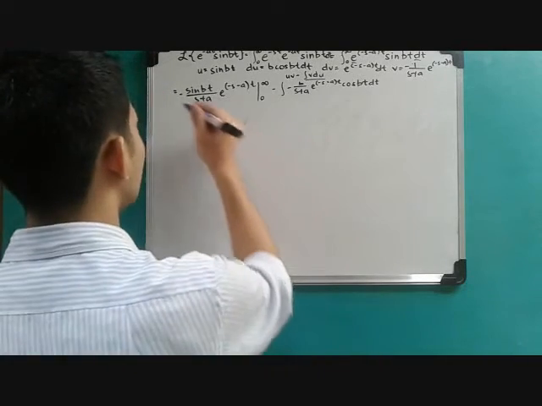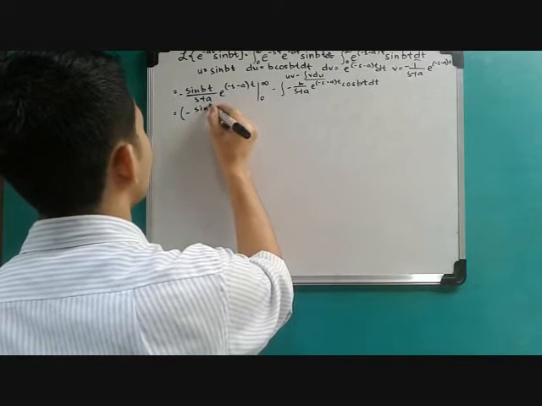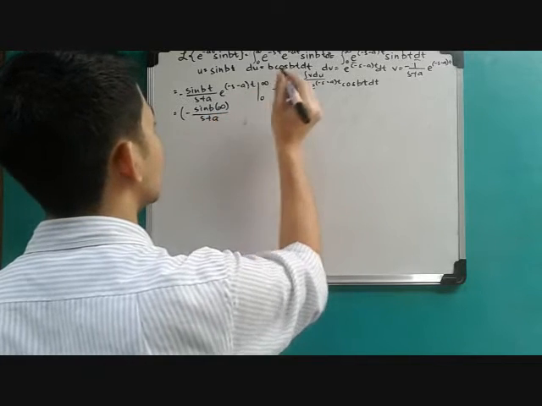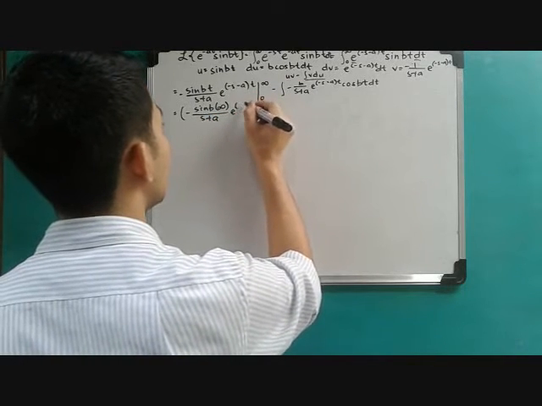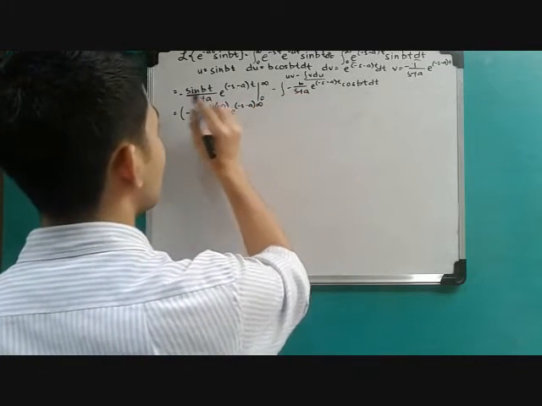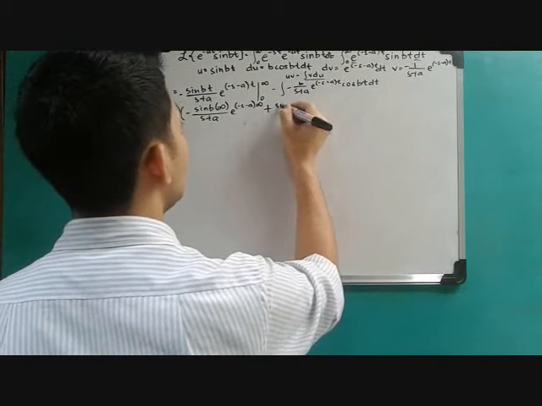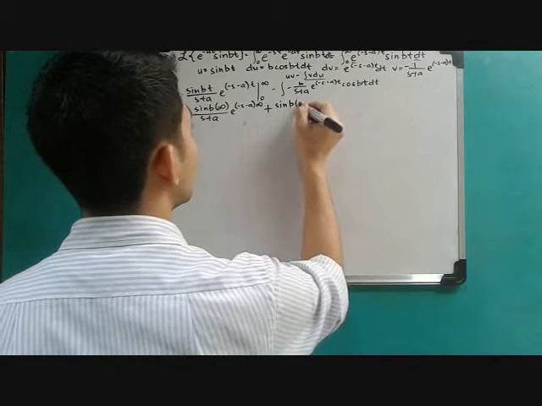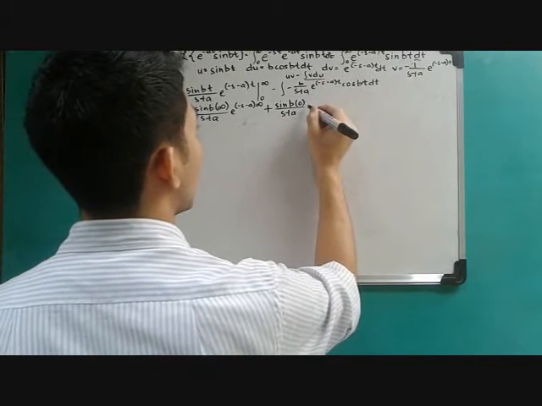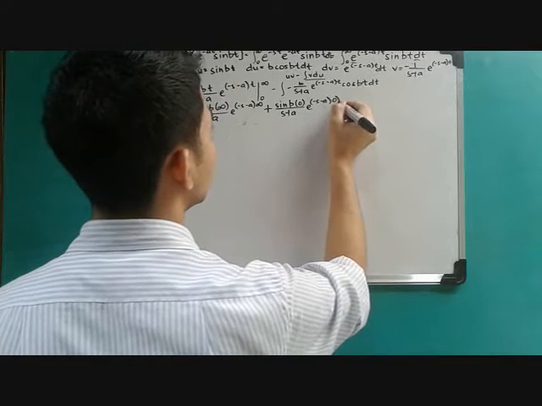So substituting the limits, this will become negative sine b times infinity over s plus a times e raised to the quantity negative s minus a times infinity. Negative times negative, because this is minus, so this will become plus sine b times 0 over s plus a times e raised to the quantity negative s minus a times 0.